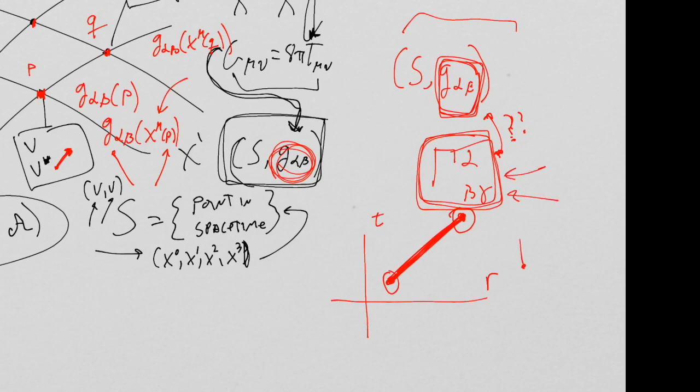This was all about taking a vector that was established at one point P and a vector that's established at a point Q, and saying, hey, there's a vector here in the tangent space of Q of the spacetime, and there's a vector here in the tangent space of P of the spacetime, and this vector here is parallel to that vector there. We can establish parallelism if we have a connection.